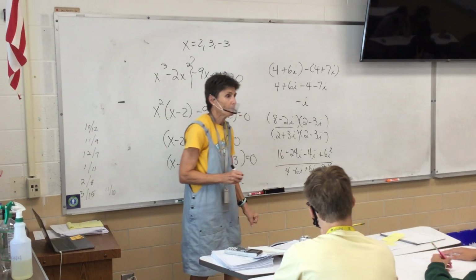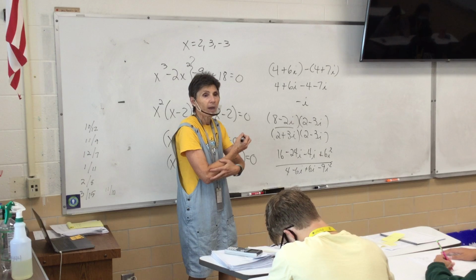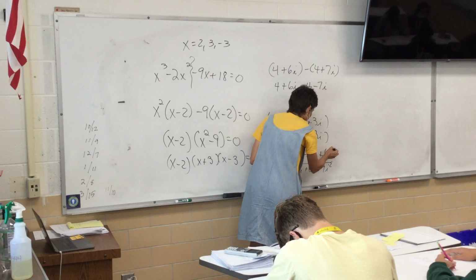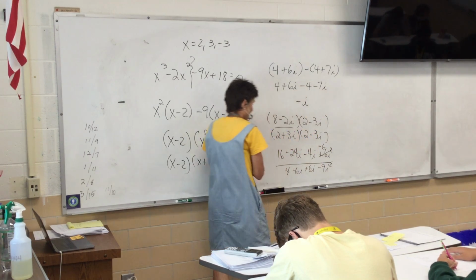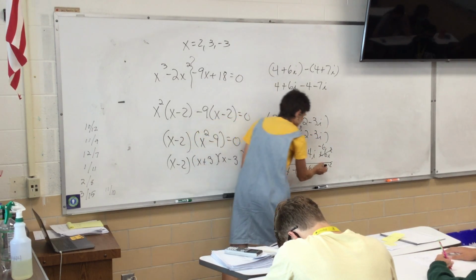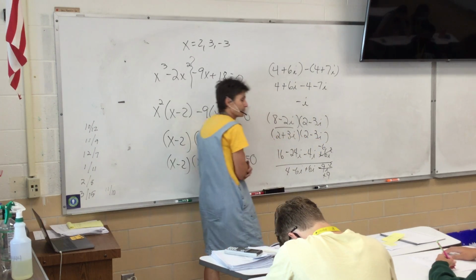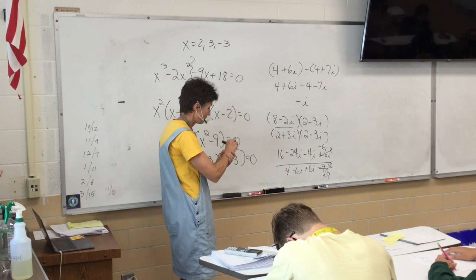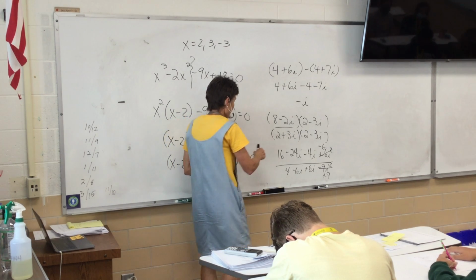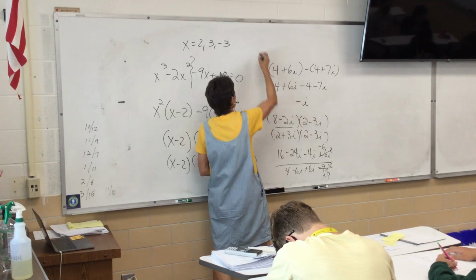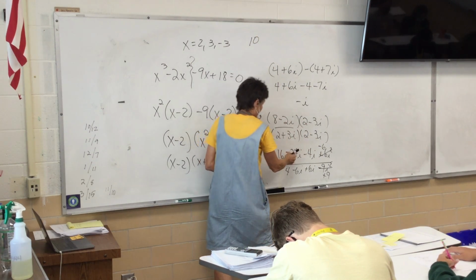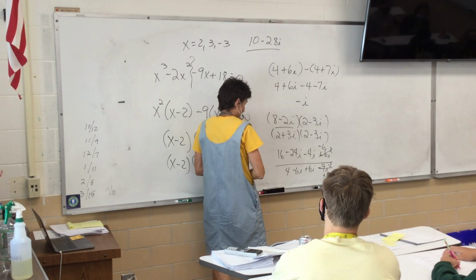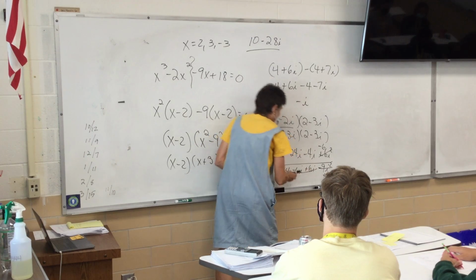Then what do I have to remember? i squared is -1. So this is going to become a -6. And this is going to become a +9. Because i squared is -1. So I have 16 minus 6, which is 10, minus 28i over 13.